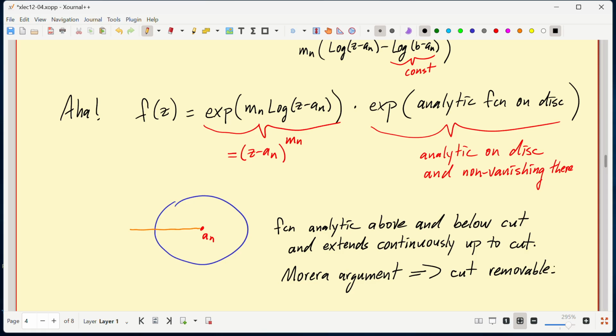Actually, there's a formula, and that formula is valid away from the cut, and nothing bad happens at the cut. It doesn't blow up. So, of course, it extends past the cut, and that's the formula for it.